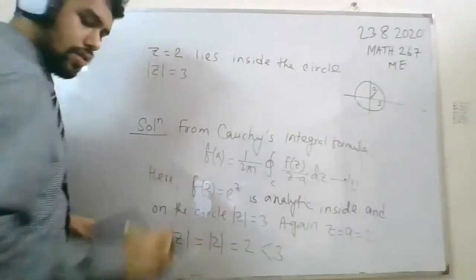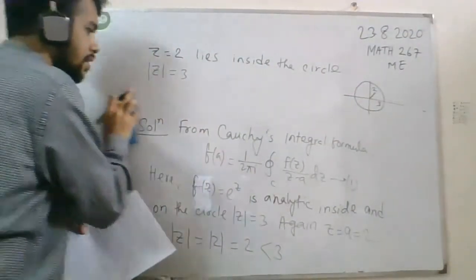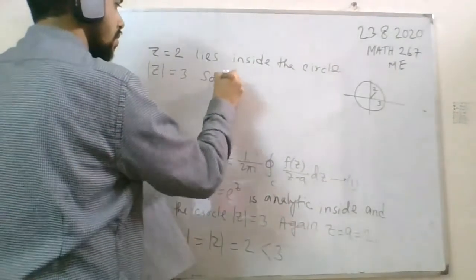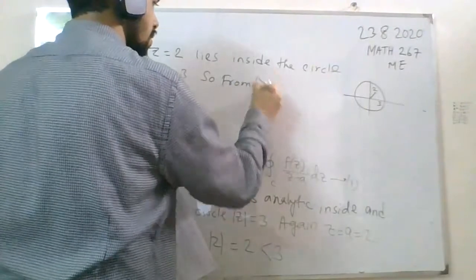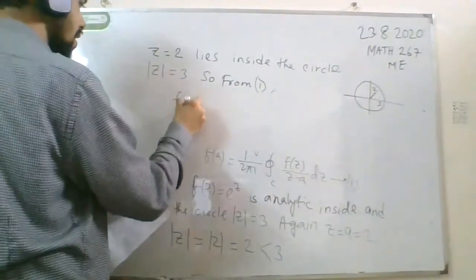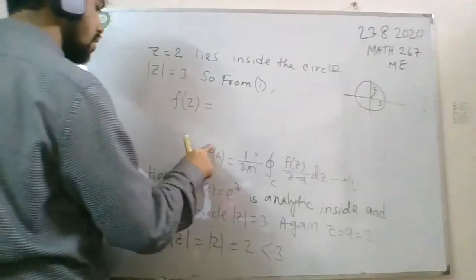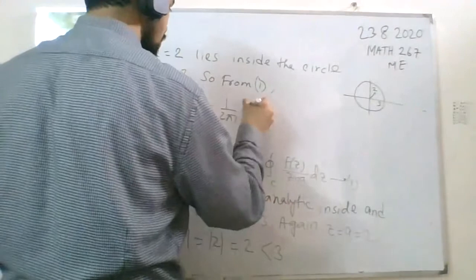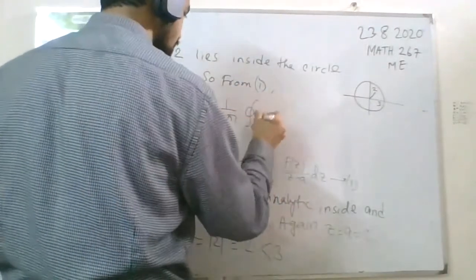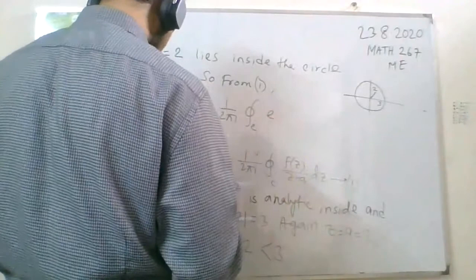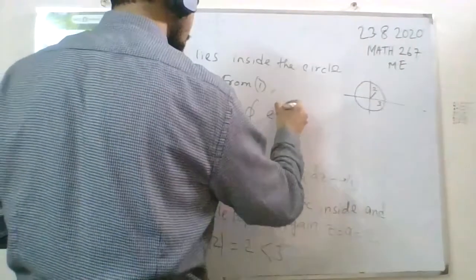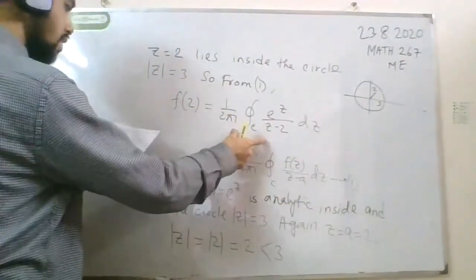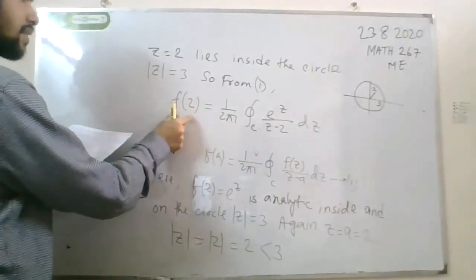So you can also say, from 1, write f(2) equals 1 by 2 pi i, here we can use e to the power z divided by z minus 2 dz. It was there, and this can also be written as f(2).